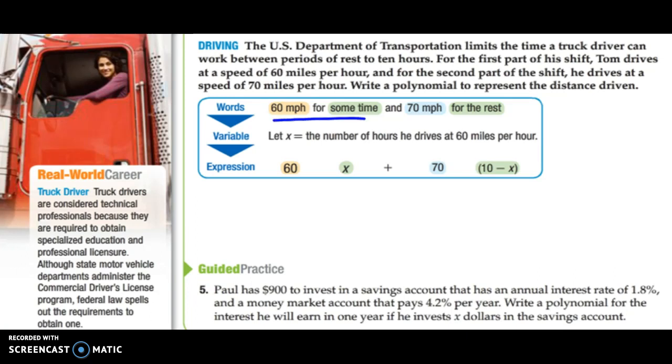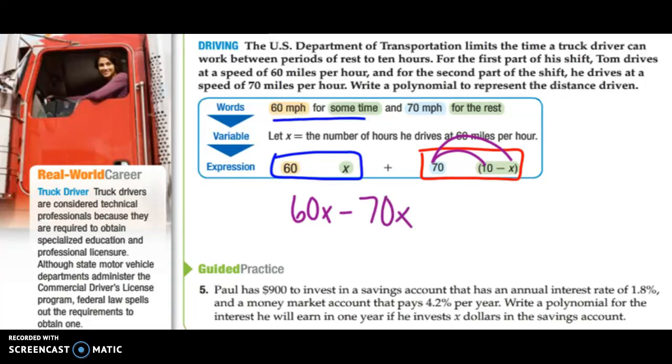Okay, so 60 miles per hour for some of the time, so we can do 60 times x. And then the next part says 70 miles an hour for the rest. So that would be plus 70 times 10 minus x. And so what we're asked to do then is 60 times x is just 60x. 70 times a negative x would be negative 70x, plus 700.